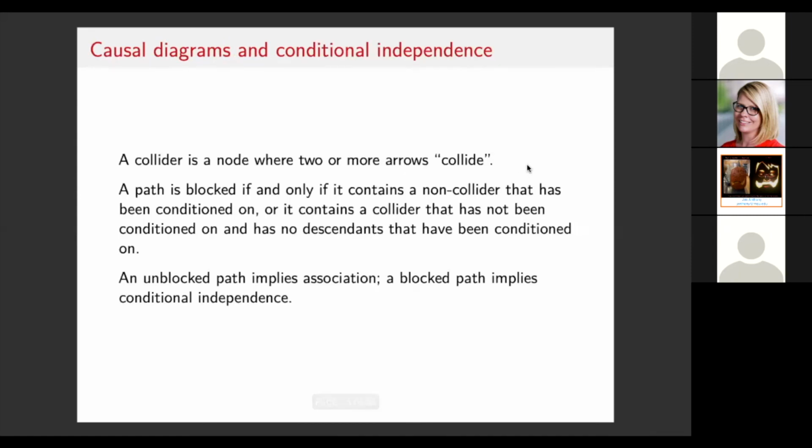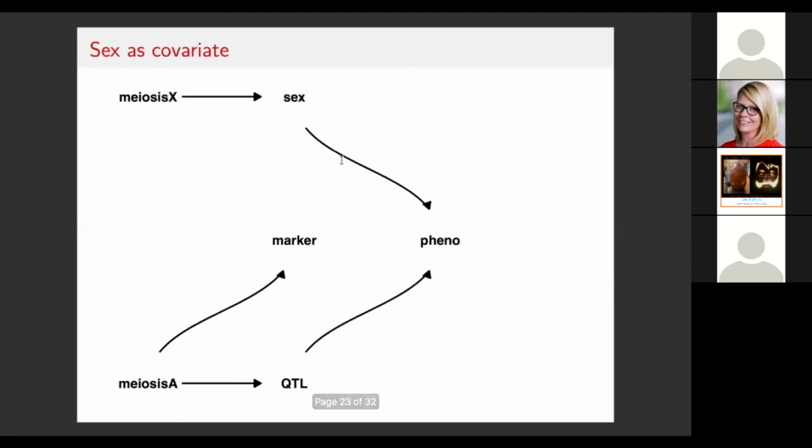So the other interesting thing that you can do with causal diagrams is to figure out conditional independence. And we've done a little bit already using the decomposition of the graphs. One notion we would need is the idea of a collider. A collider is a node where two or more arrows collide. So for example, here, the effects of the two QTL are colliding on the phenotype.